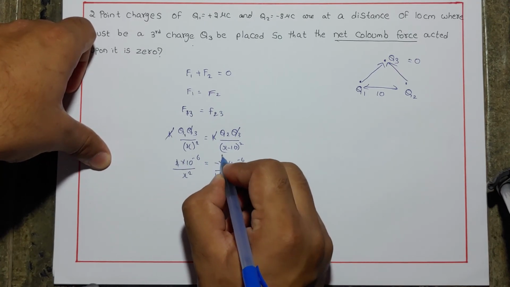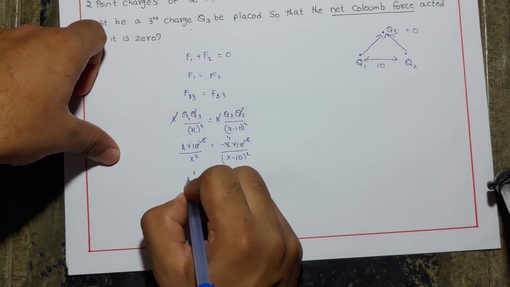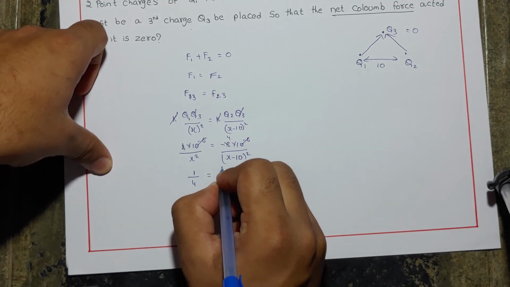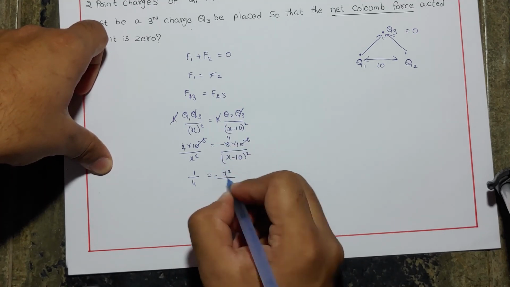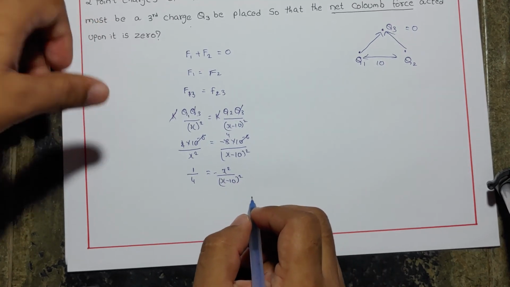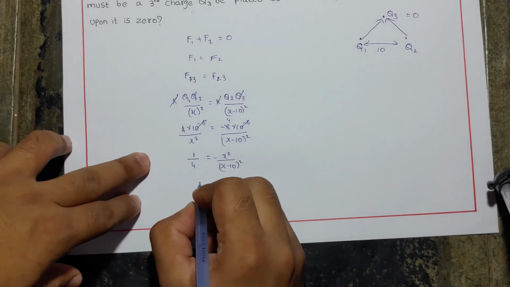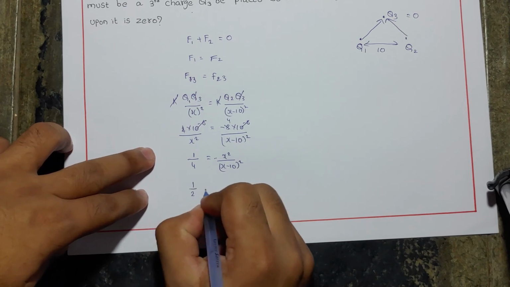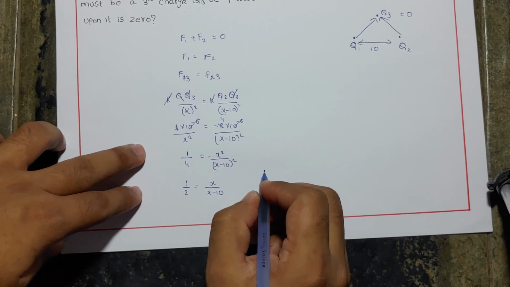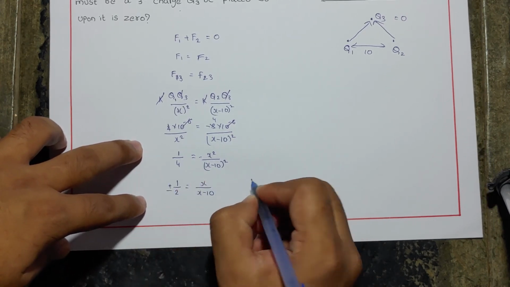2 ones are 2, 2 fours are 8, which is equal to 1 by 4 is equal to x square by x minus 10 whole square. By applying square root on both sides, that is 1 by 2 is equal to x by x minus 10, with plus or minus here.